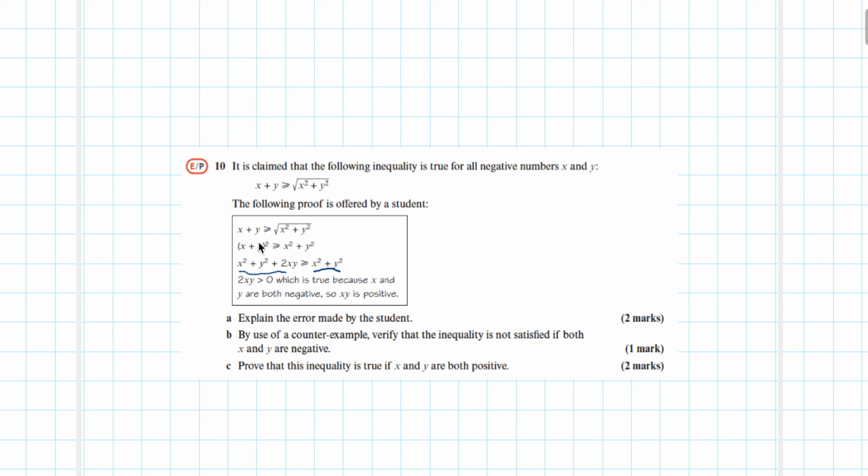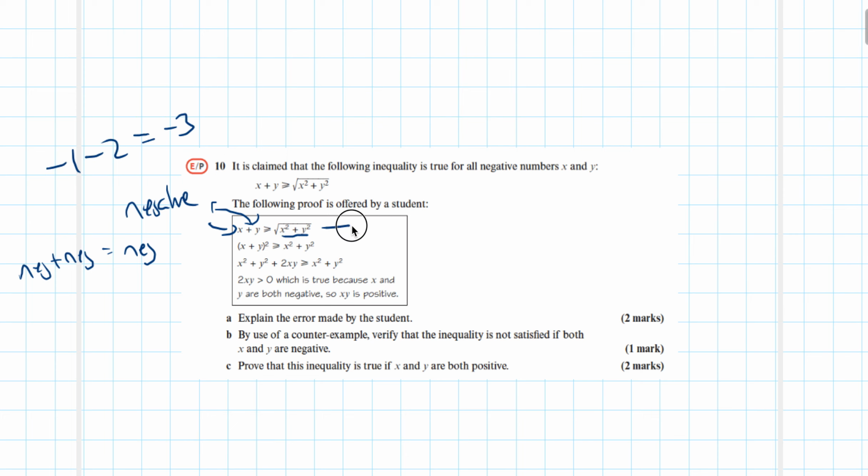So x + y here could be negative: negative plus negative is equal to a negative, because you'll have like −1 plus −2, which is −3.